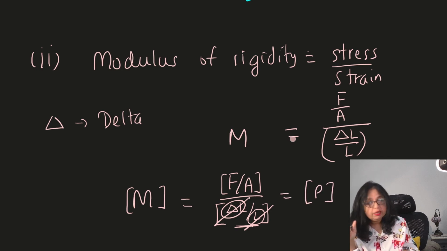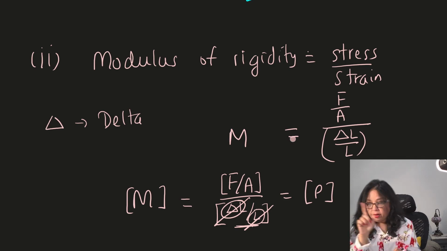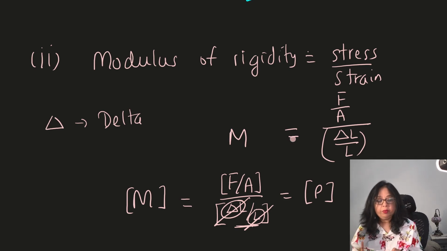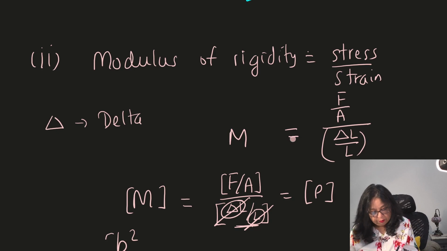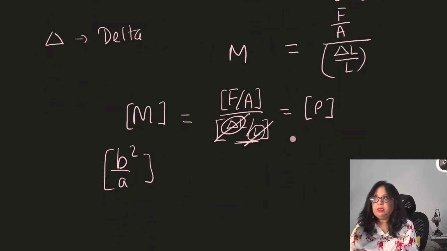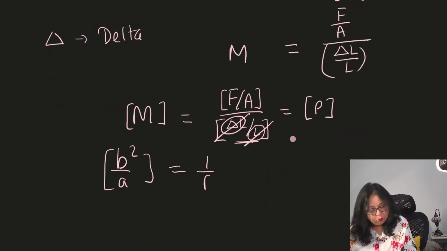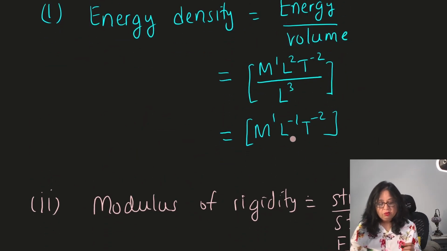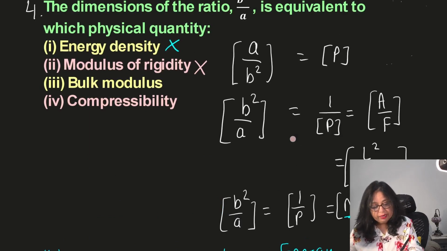Force per unit area is pressure. However, in my question, the B squared over A, this is what I'm working on, right? The dimensional formula for B squared over A is 1 over P, not P. So the modulus of rigidity is not the correct answer.